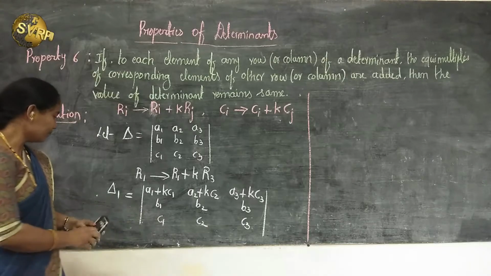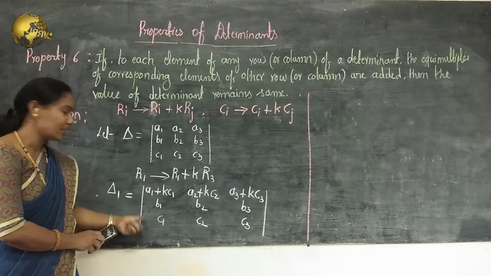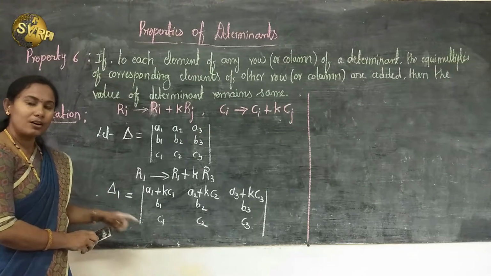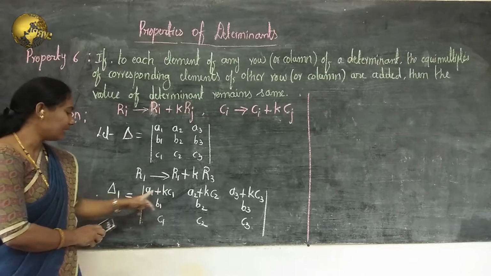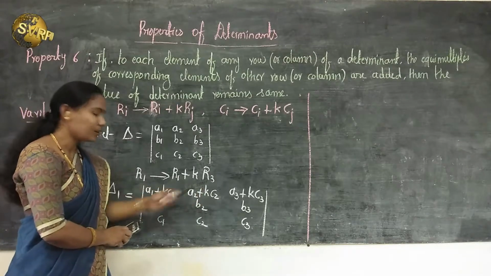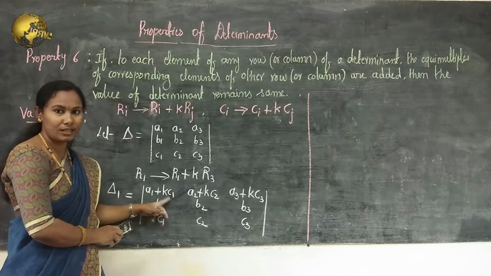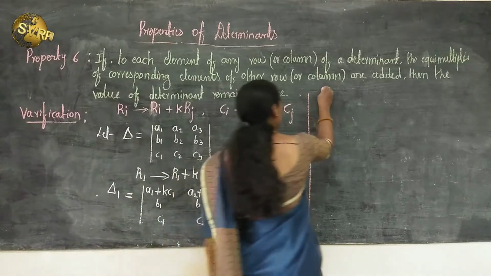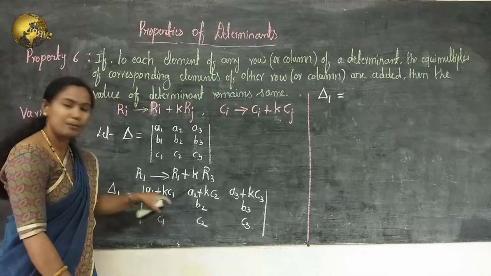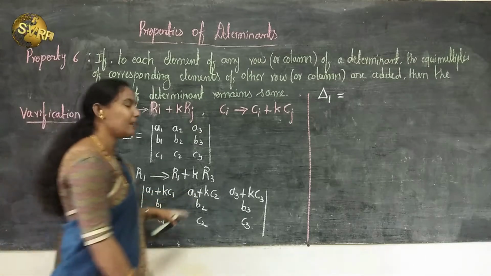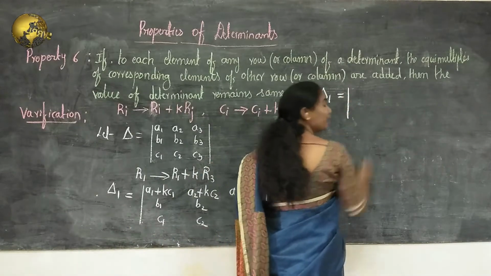Now, instead of expanding this, I use the property. According to property number 5, if any one row or column contains the sum of two numbers, then we can write it as the sum of two determinants. Here sums of two numbers are there, so I will split it into two determinant forms, according to property number 5.